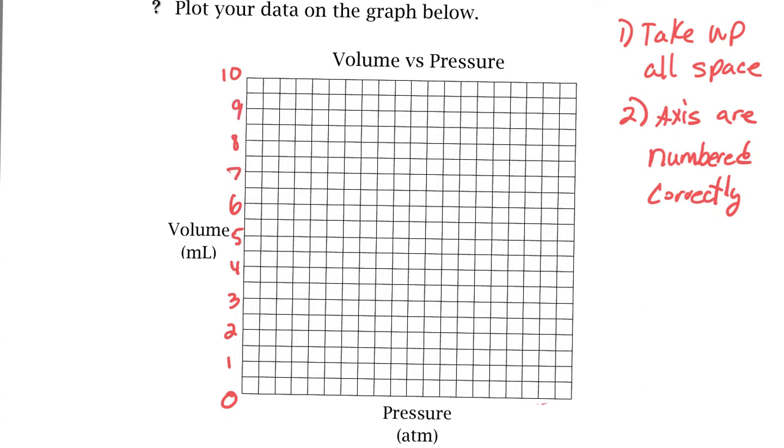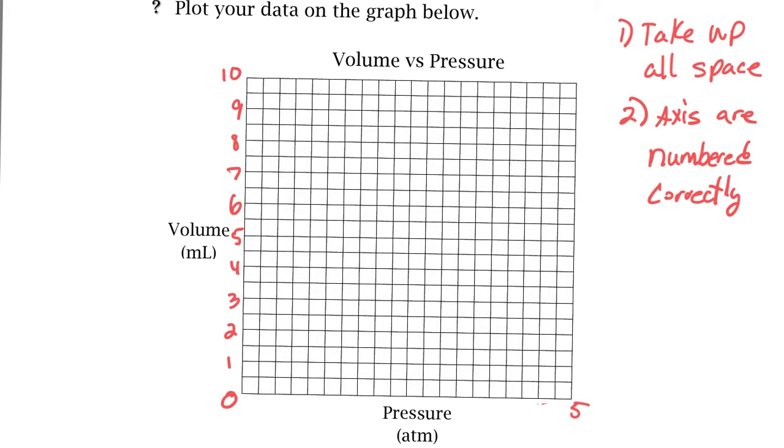Now for pressure, the highest pressure I've got is 3.88. So I definitely don't want something as high on my axis as 10. I'm going to go for 5. There are 20 squares. 20 divided by 5 will give me 0.5, or the other way around. So 0.5, 1, 1.5, 2.5.